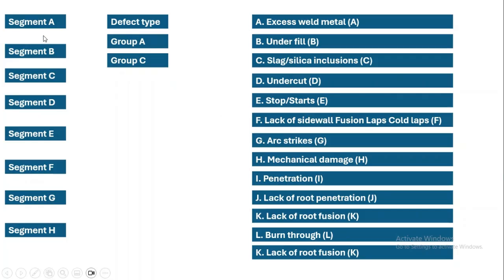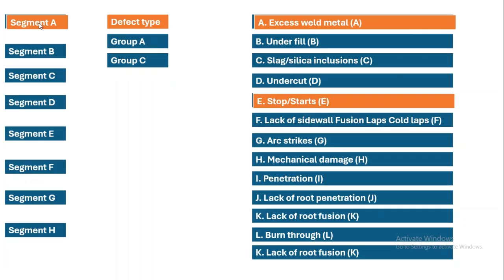First you have to select the segment. Okay, you have to select segment A. In segment A again you have to select defect type. Everything you have to select in the tab. After defect type, what are the defects you have identified? If I am identifying excess weld metal, I have to mark here. Then if I am marking stop and start, you have to mark.